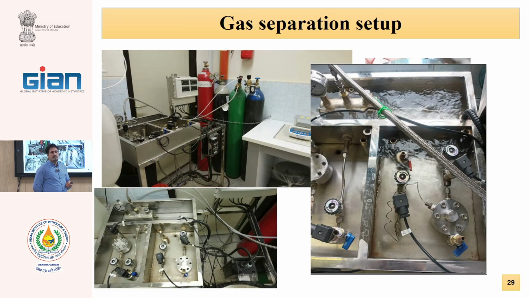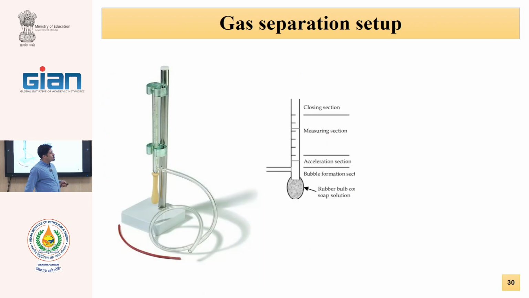Constant pressure means we apply, for example, 5 atmospheres pressure on the feed side and measure the flow of the gas, as with the liquid membrane. This is named the constant pressure method, and usually the flow of the gas can be measured with a bubble flowmeter.